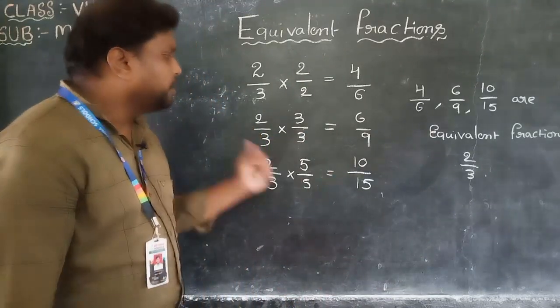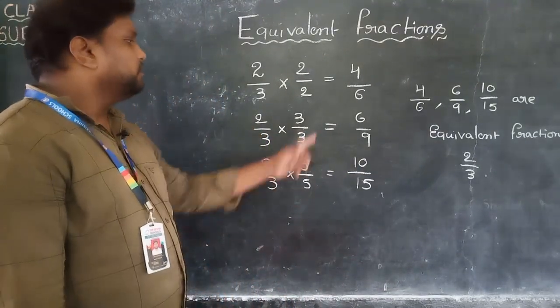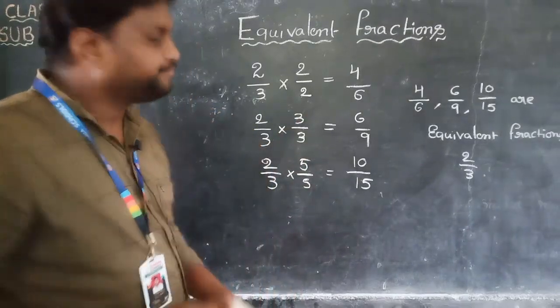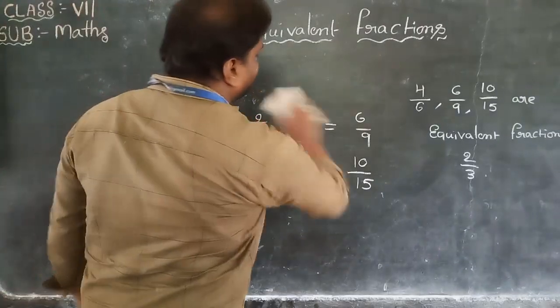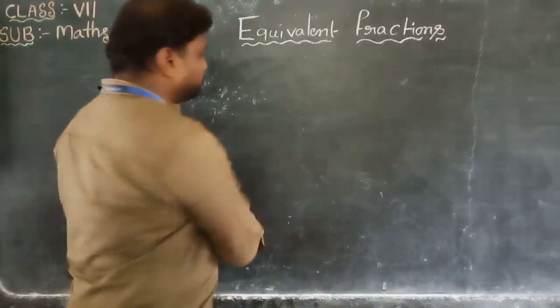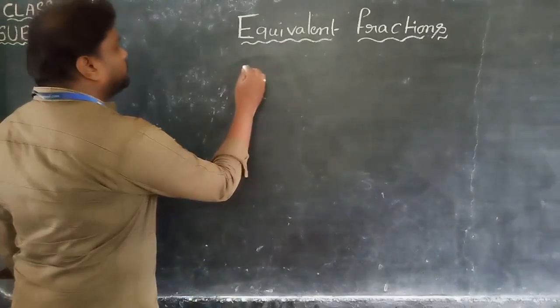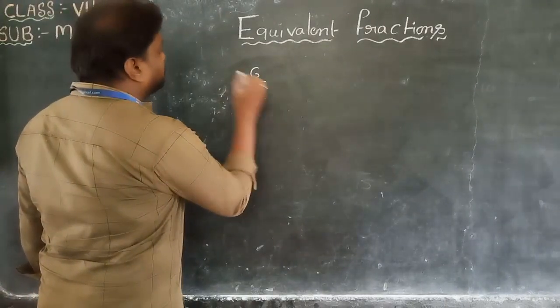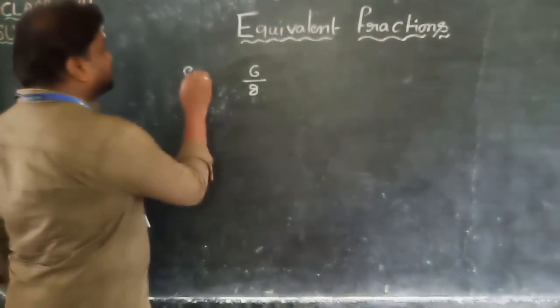Here, not only multiplication, we can see, for example, this is one example. Next, the second example is 6 by 8.